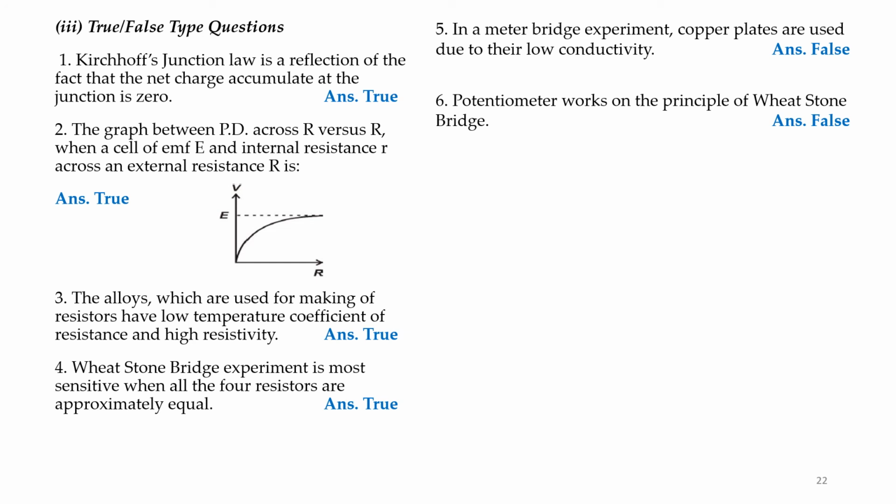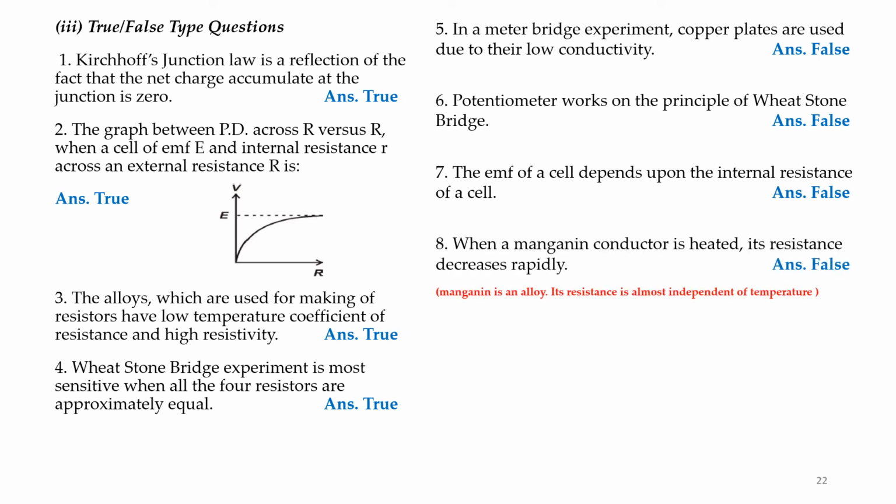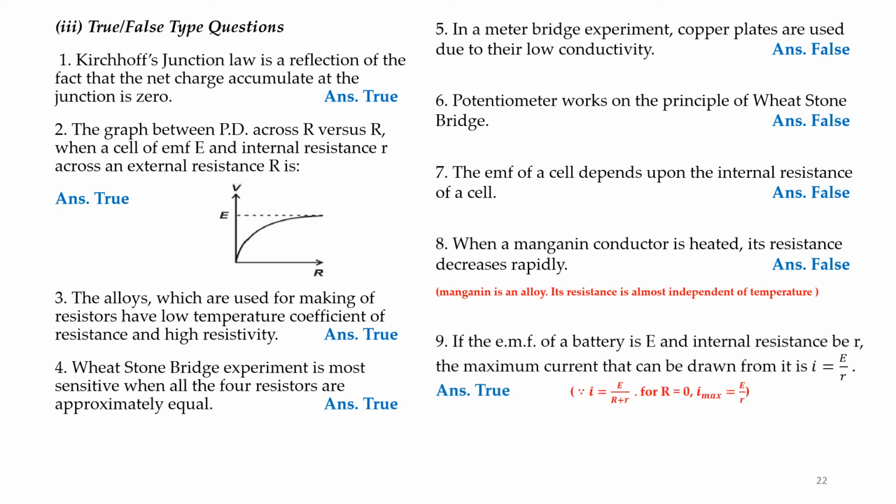Potentiometer works on the principle of Wheatstone bridge. False. The EMF of a cell depends on the internal resistance of a cell. False. When a manganin conductor is heated, its resistance decreases rapidly. False. Manganin is an alloy. Its resistance is almost independent of temperature. Question number 9. If the EMF of a battery is E and internal resistance is r, the maximum current that can be drawn from it is I equal to E by r.